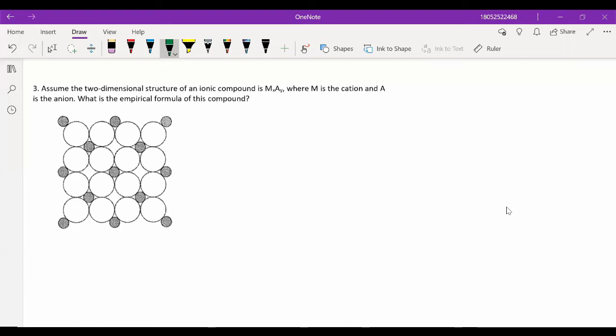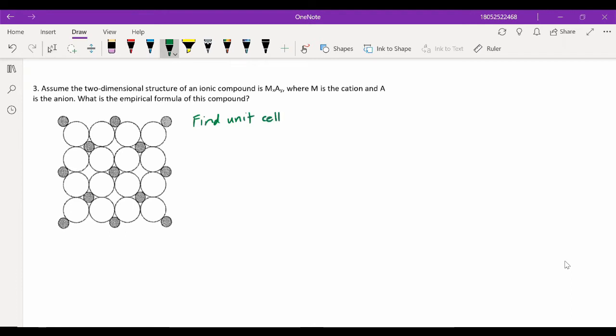Okay, number 3, we have a two-dimensional lattice. This is a hypothetical ionic compound. We want to figure out the empirical formula. So the first thing you want to do is find the unit cell.